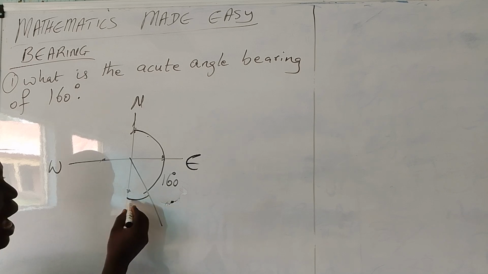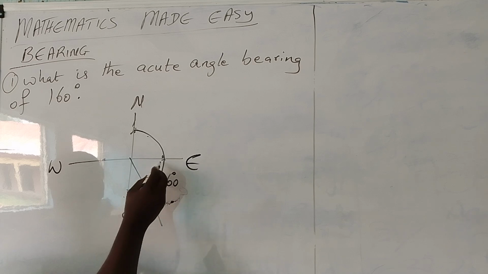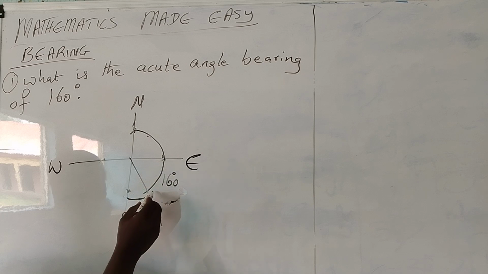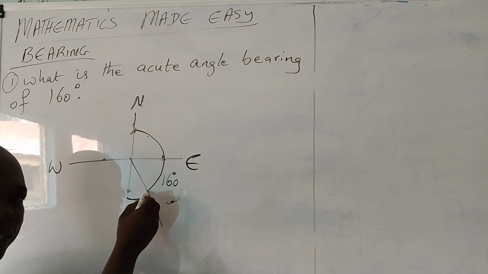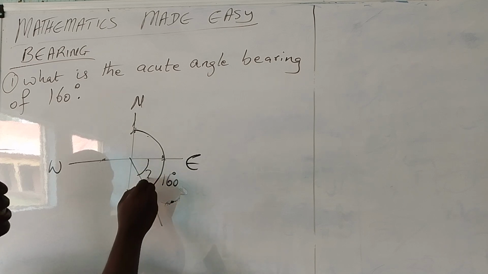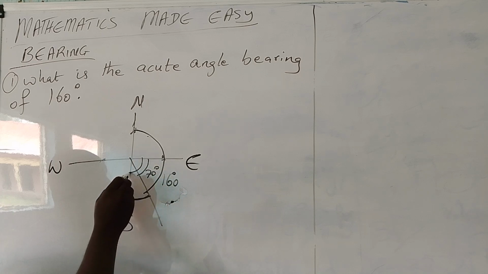So for you to know this angle here, you know that the whole of here is 90 degrees, and from here to here is 90 degrees. 160 minus 90 will be giving us 70, which means only here alone is 70 degrees. And you know that the whole of here is 90 degrees.